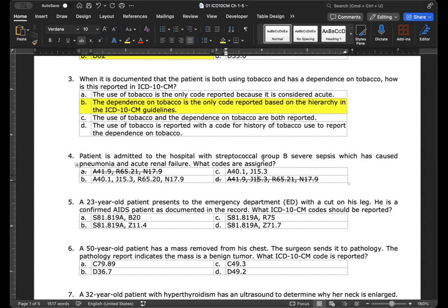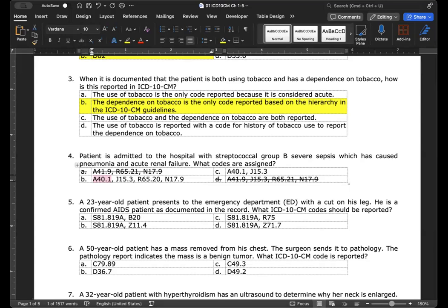So if we look at the description for the A40.1, does that just describe sepsis due to streptococcal group B, or does it include severe sepsis? Oh, okay, yeah. So we do need it because we have to indicate that it is severe sepsis and not just regular sepsis.